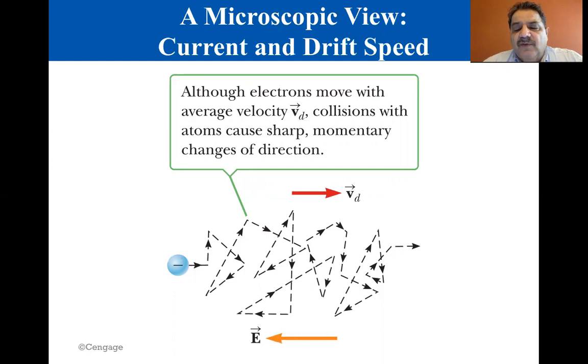The energy transferred from the electrons to the metal atoms during a collision increases the vibrational energy of the atoms and causes a corresponding increase in the temperature of the conductor. Despite the collisions, the electrons move slowly along the conductor in a direction opposite E with the drift velocity v_d.